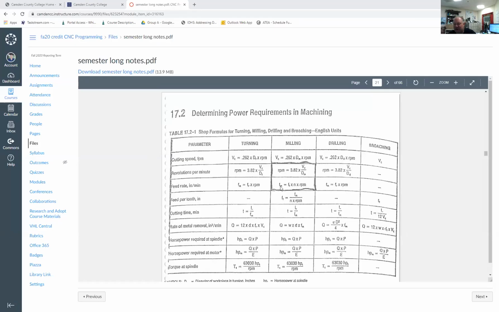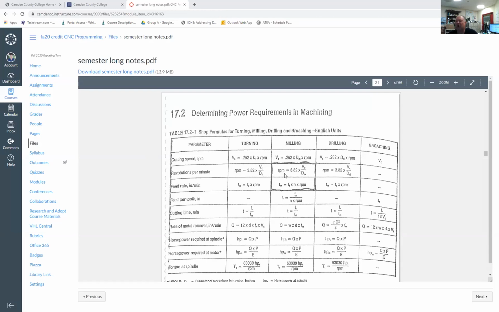It's not to get confused with the second thing we need to calculate, which is feed rate. So spinning the tool has a velocity, and it's measured in feet per minute. That's what V sub C is measured in, feet per minute. And we use it to calculate the required RPM.